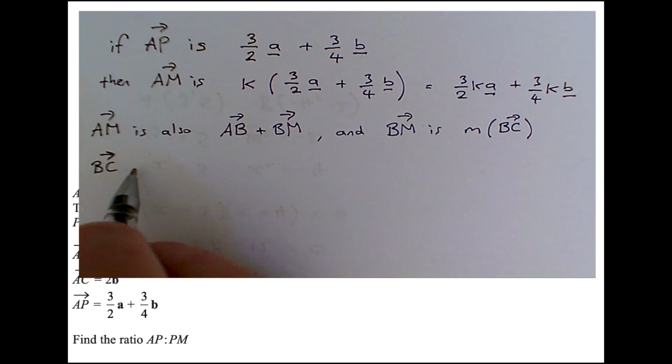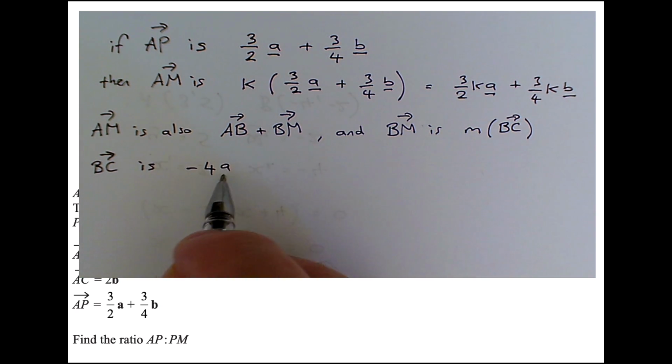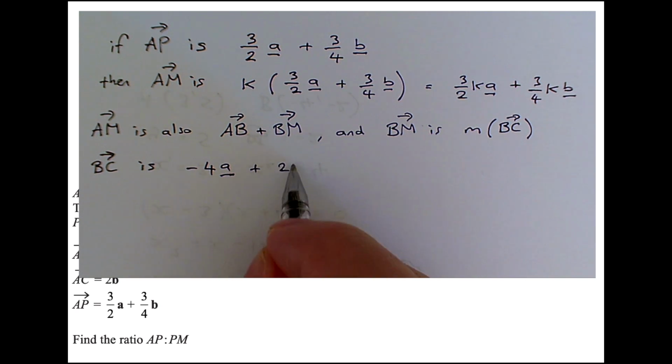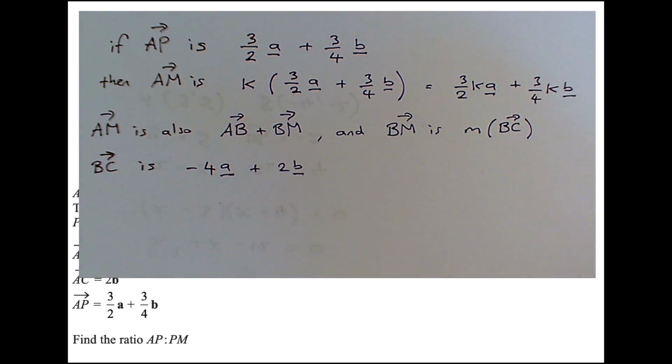So here I go, I'm describing A to M in this route, A to B plus B to M. So A to B is what? That's plus 4A, isn't it? Yeah, A to M is 4A.